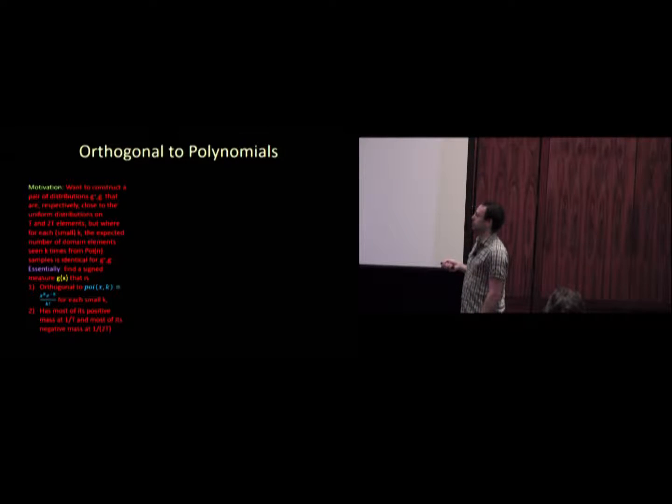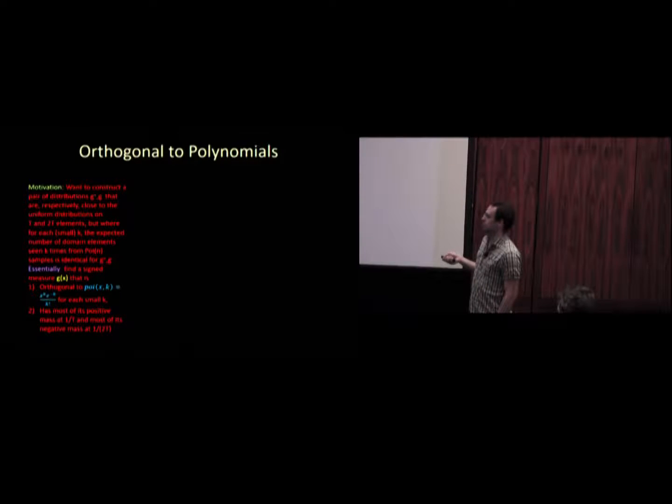So what we want to do is find, again, I'm skipping steps here because the point is to get to the polynomials, not talk about the property testing. Essentially, we want to find a signed measure G, where the positive portion is interpreted as G plus and the negative portion is interpreted as G minus.